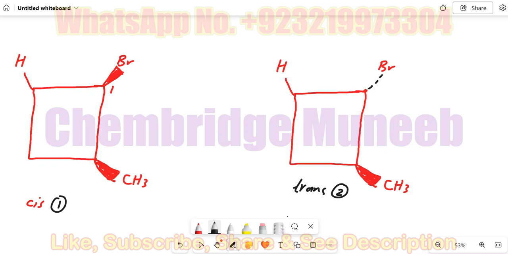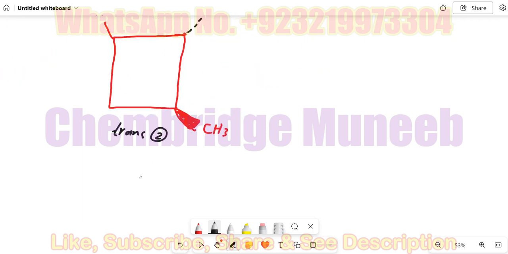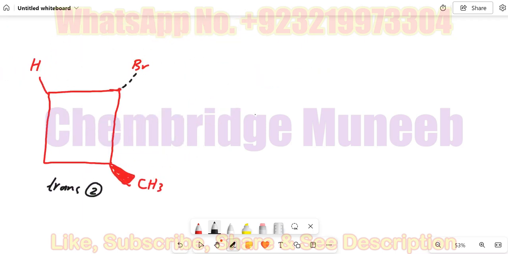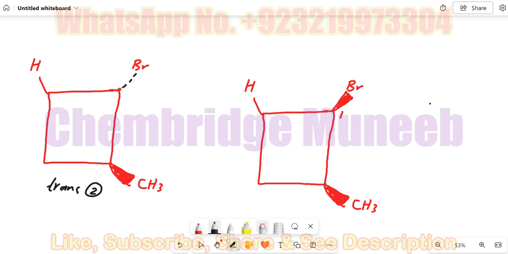Now I have to draw another product here. But this time the position of the bromine will be changed. Instead of putting bromine at carbon number 1, I will put bromine on carbon number 2, and hydrogen will come over here.